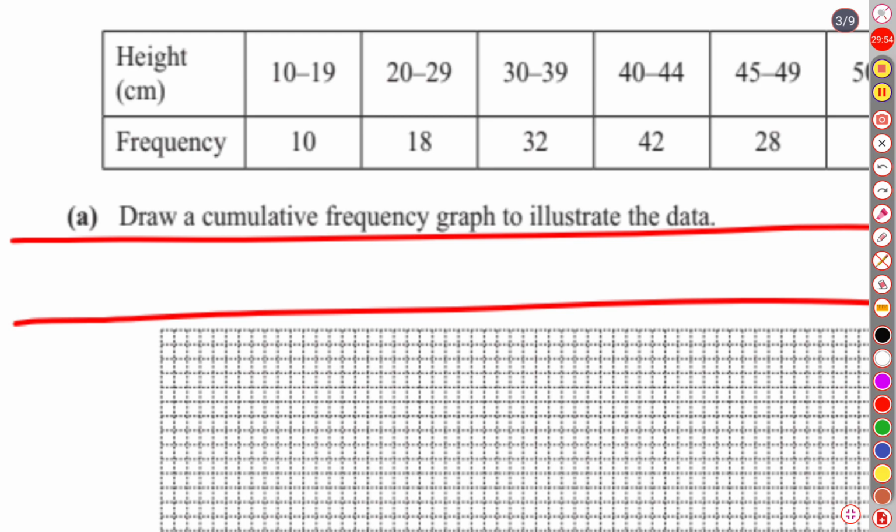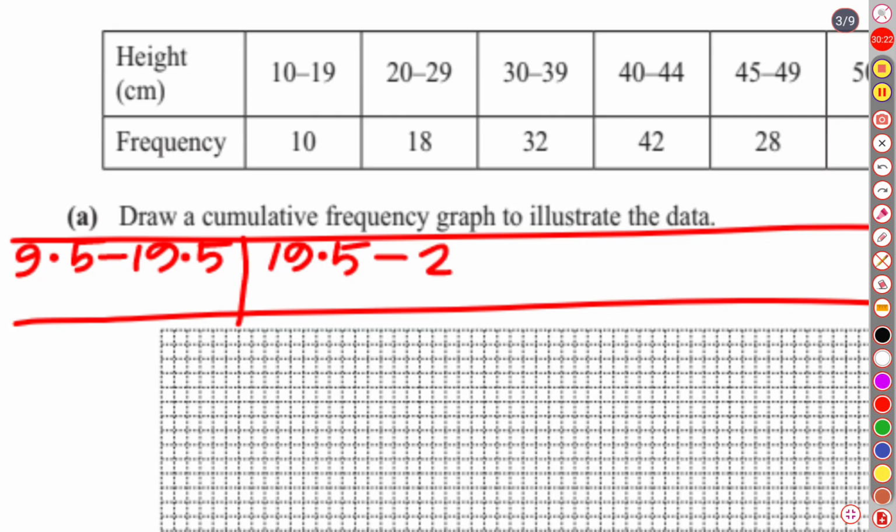Okay, so the first class bound, the lower bound, is 9.5 until 19.5. Then the second class will be 19.5 until 29.5.